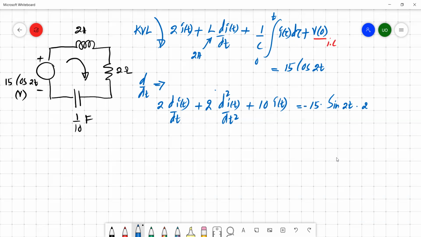So we have minus 15 sine 2t times 2, altogether minus 30 sine 2t.